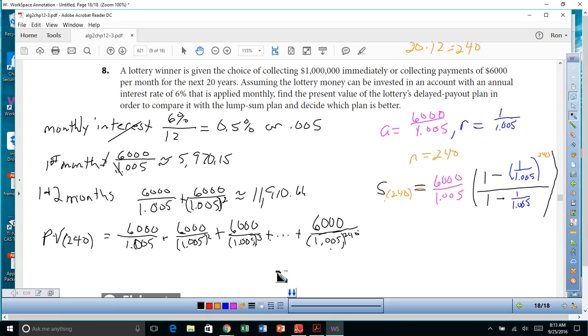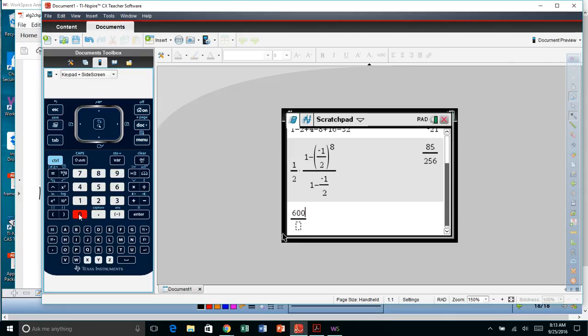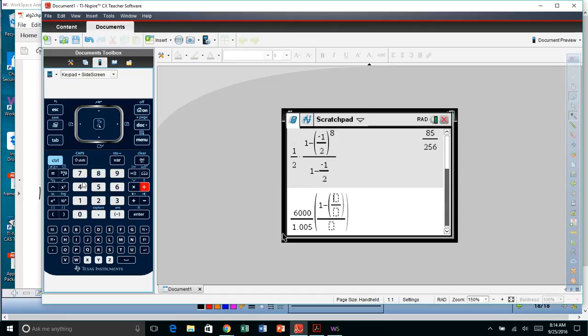And folks, does that look like a calculator problem to you? That looks like a calculator problem to me. So let's go to our trusty rusty calculator, and we'll put that in. So we've got 6,000 over 1.005. And then we got open parentheses, and then 1 minus, and then open parentheses, and that's not right.